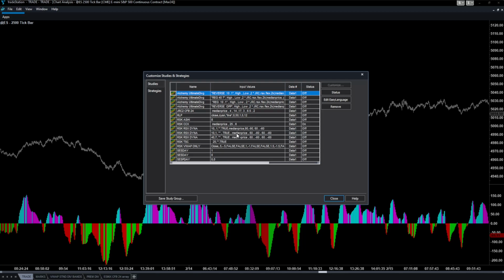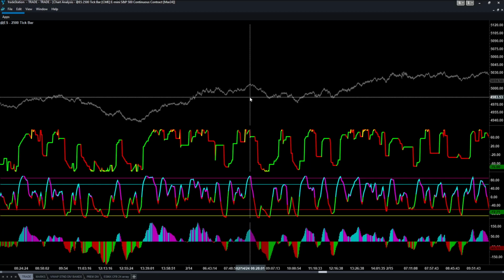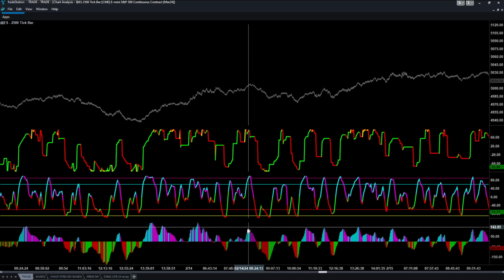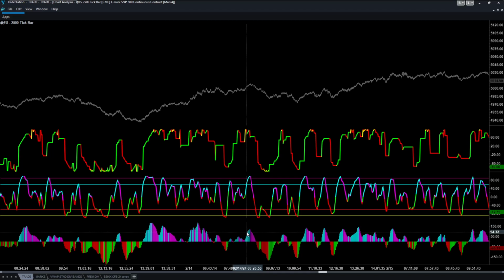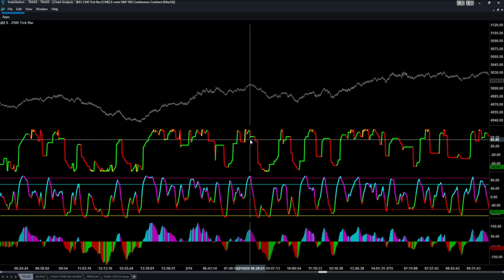Okay. So at this high, why do you want to go short? Because the TSC is divergent. RSX is maxed out. This is difficult to say whether it's divergent depending on what you're comparing it to. But the TSC is divergent.